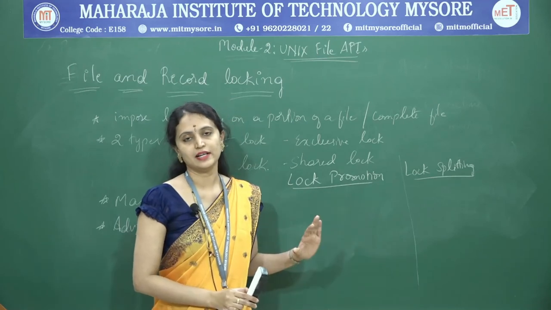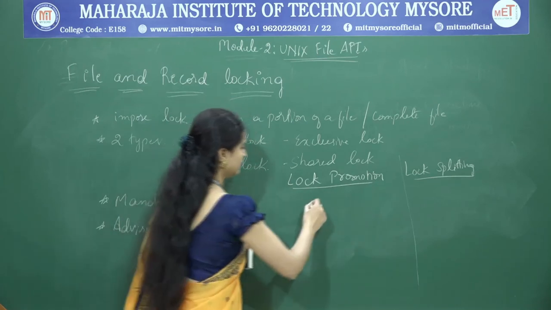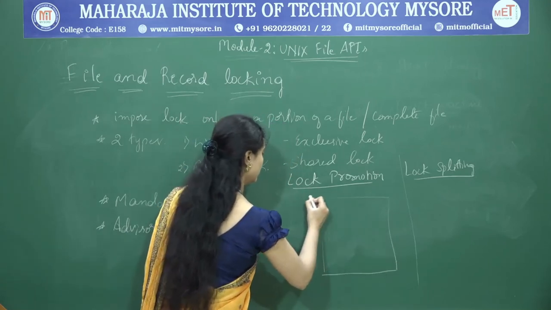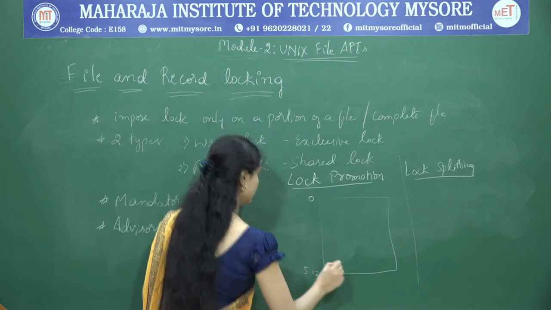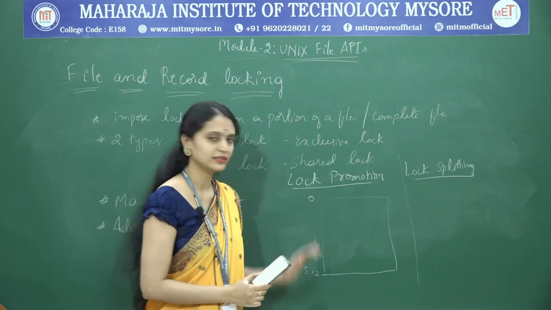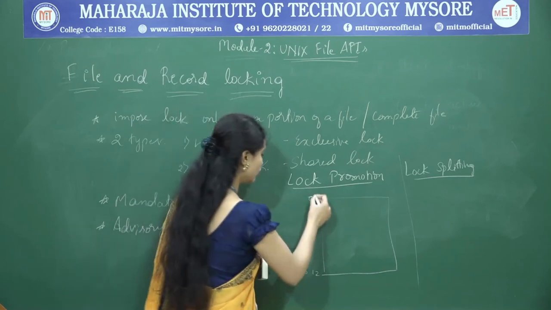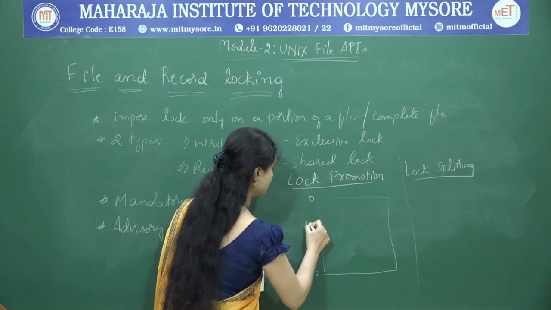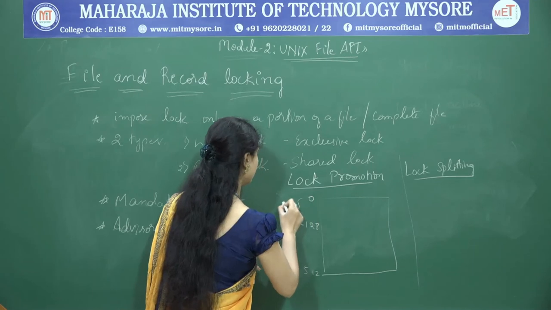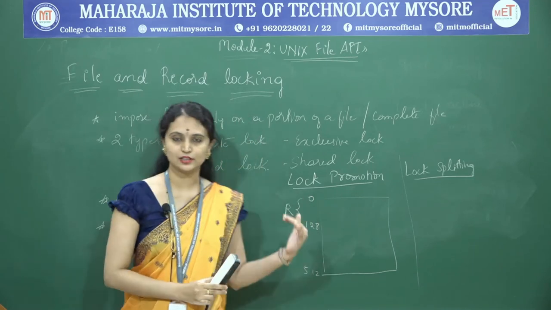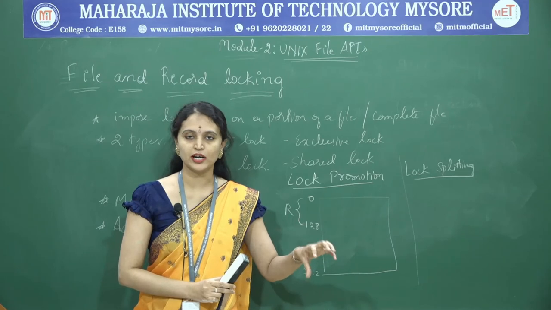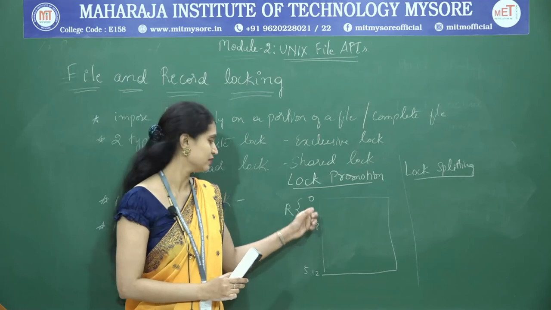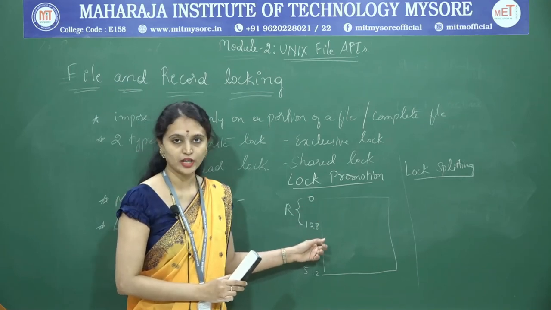The lock promotion concept says, let us assume that there is a file from 0 to 512, and a process has imposed a read lock on this file from position 0 to 128.